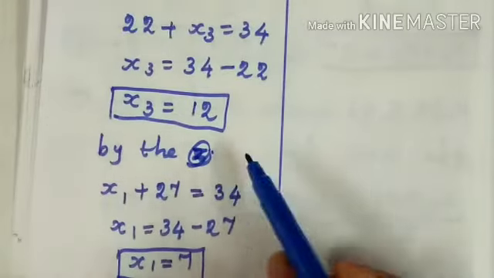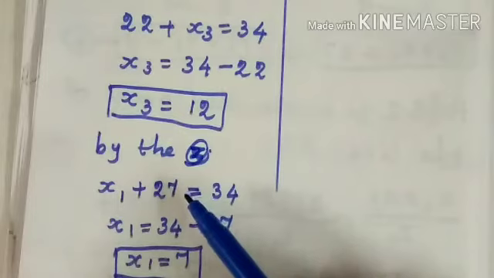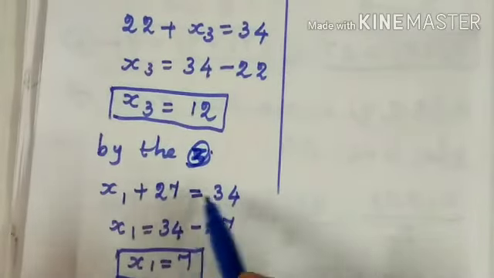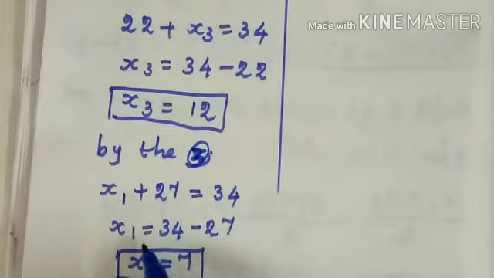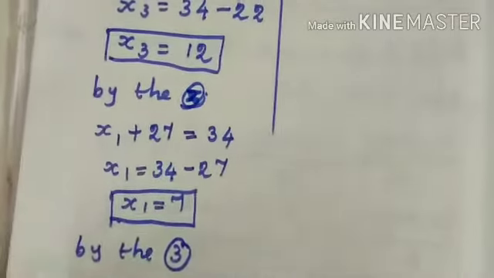By the third equation, we have x2 plus x3 is equal to 27. Therefore, x1 plus 27 equal to 34. Then x1 equal to 34 minus 27. We get x1 equal to 7.